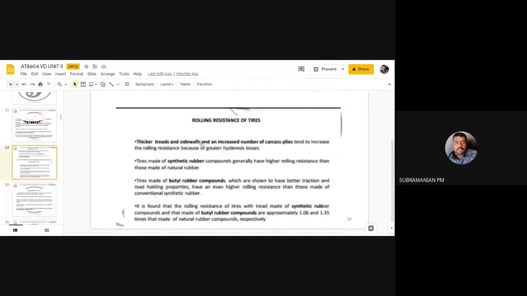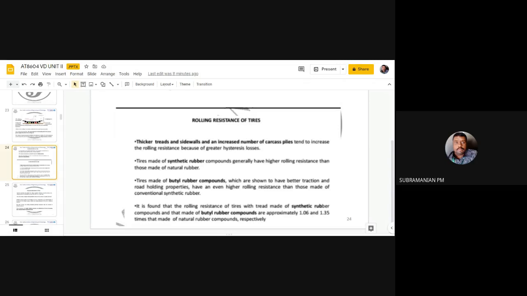And other factors we will be discussing about the rolling resistance of the tire. That is when you are having a thicker tread. The tread is the portion which touches the ground. So when you have a thicker tread and side walls and an increased number of cross plies, that is, a number of plies united together that give the tire structure, and the side wall also is thickened, what will happen?